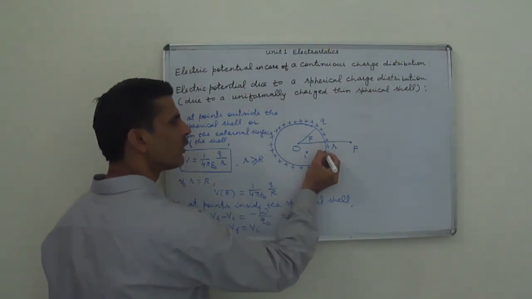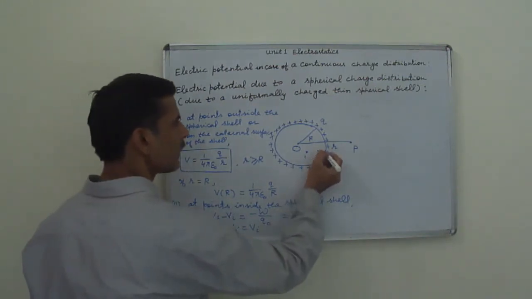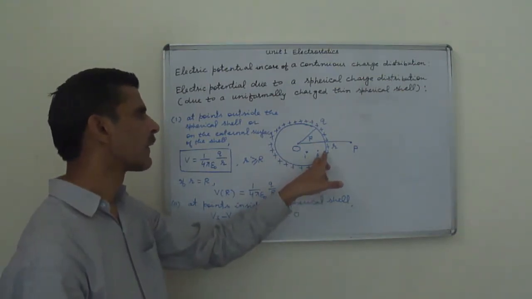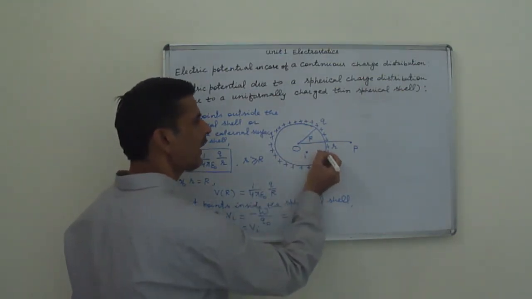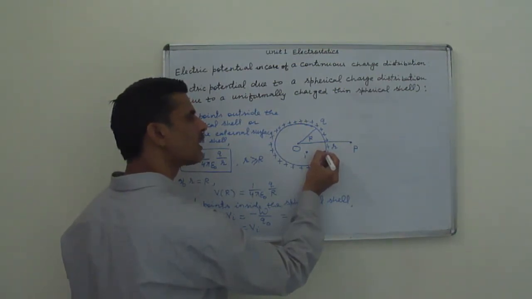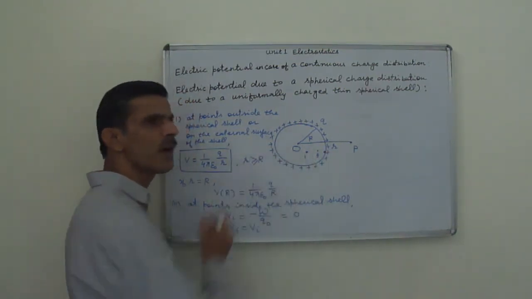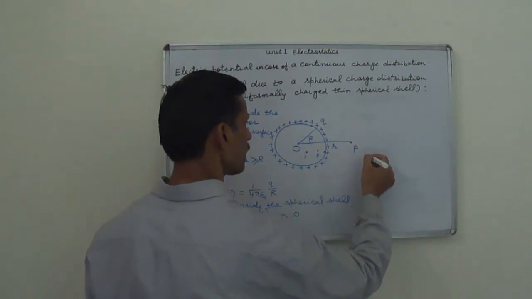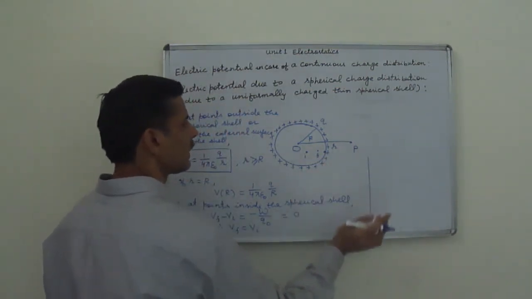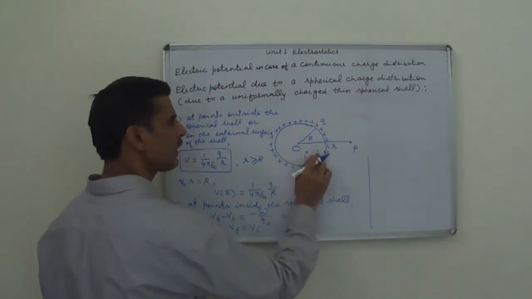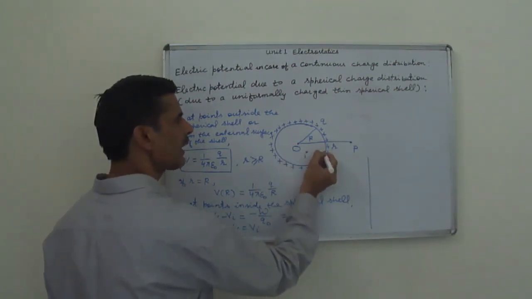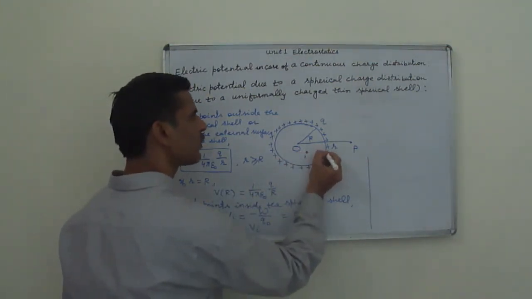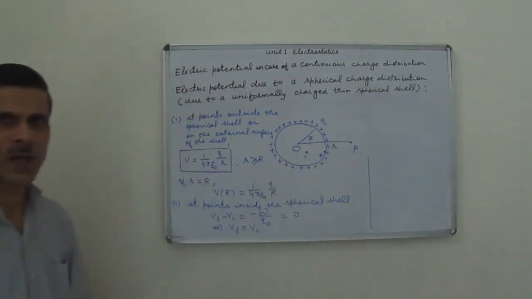This means potential at this point is equal to potential at point I. What we are doing here, initial point is this one and final point is this on internal surface.